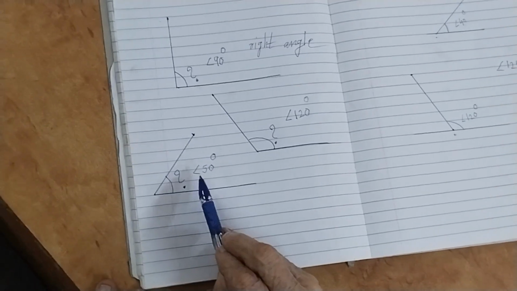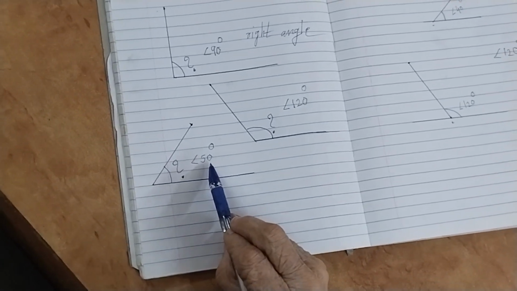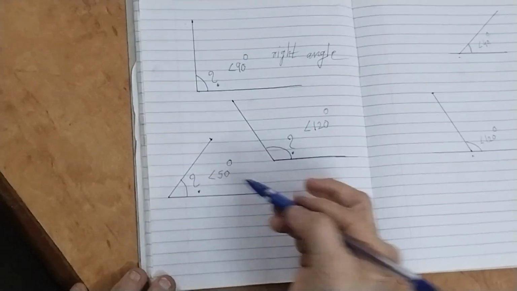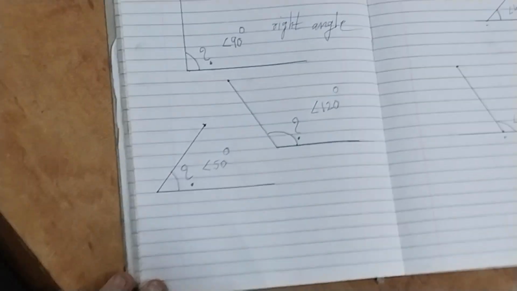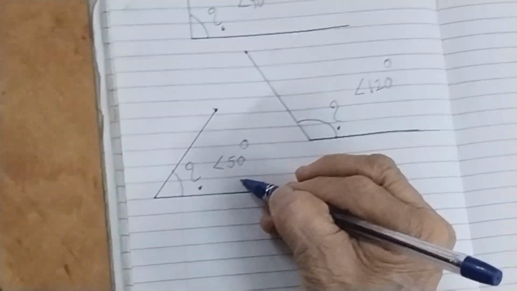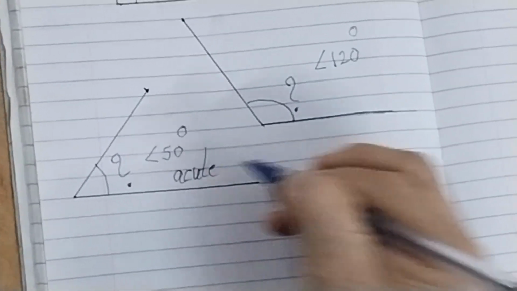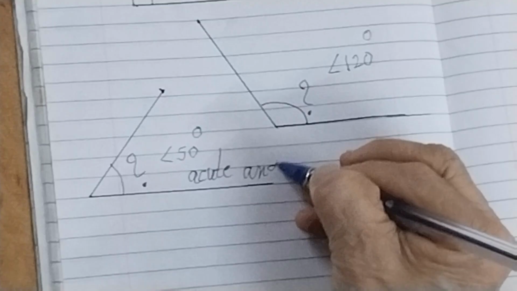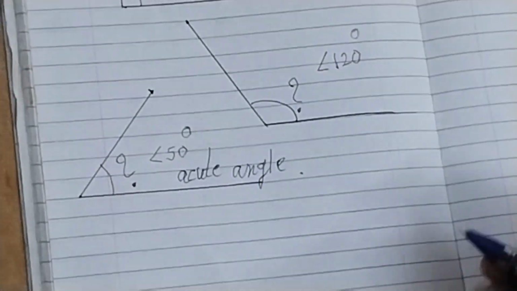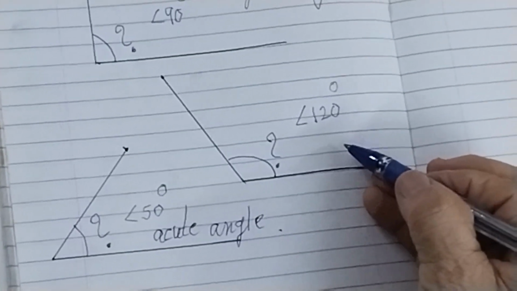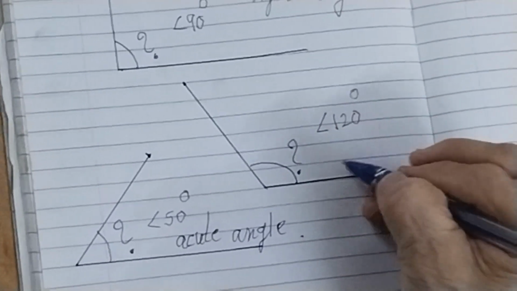This angle is 50 degrees, means less than 90 degrees, and hence this particular angle, which is less than 90 degrees, is called an acute angle. And now the one which is more than 90 degrees is called an obtuse angle.